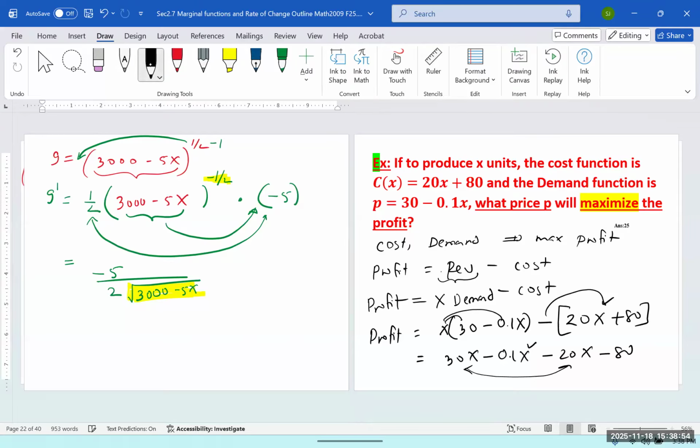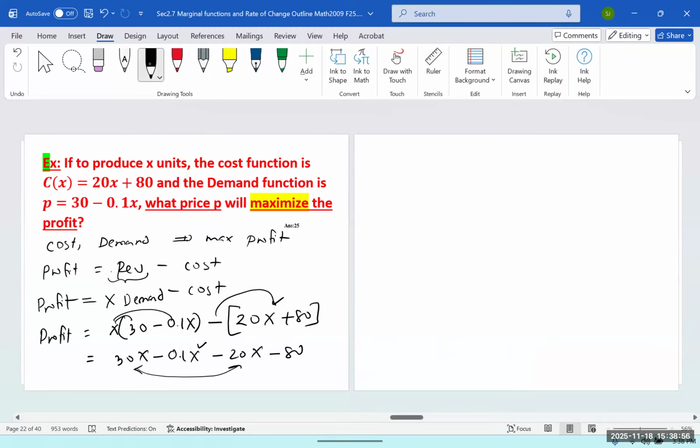Combining the like terms, we get negative 0.1X squared, plus 10X minus 80. Now we have a profit function from the given demand and cost.